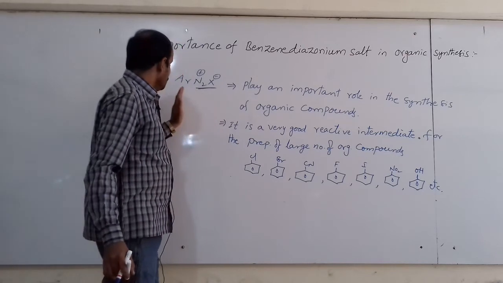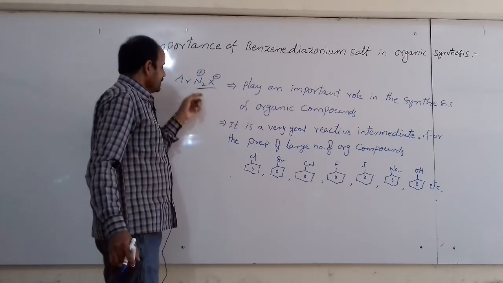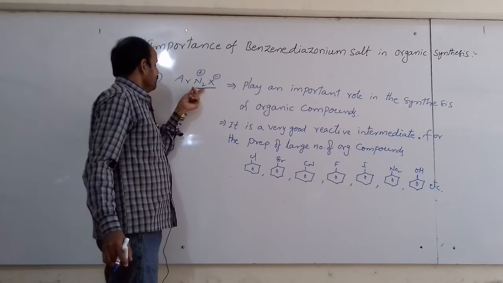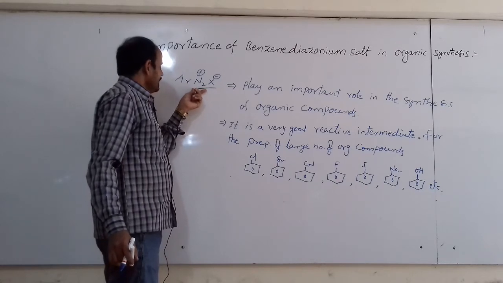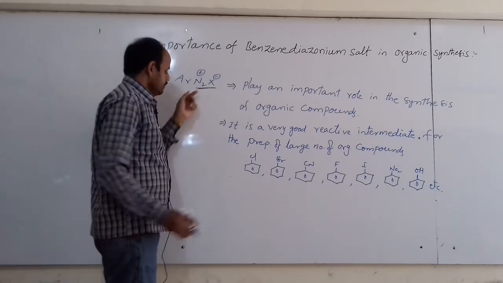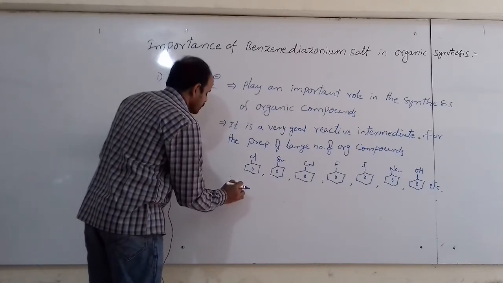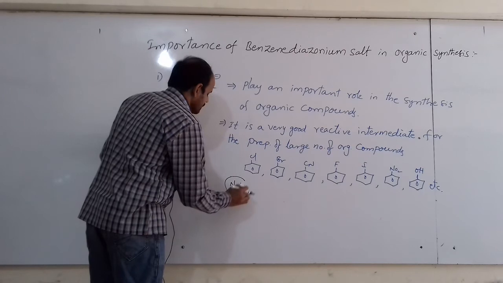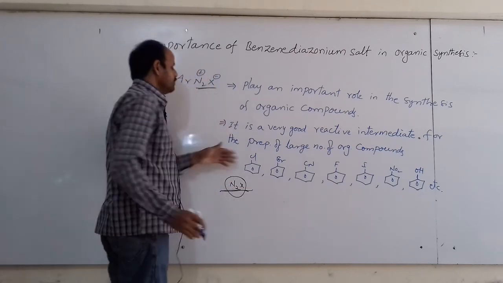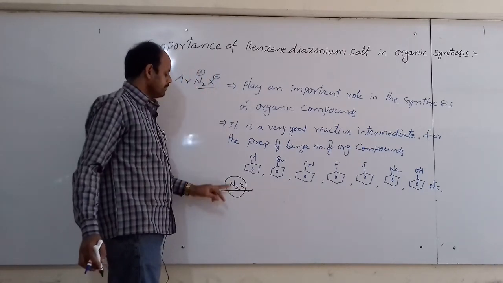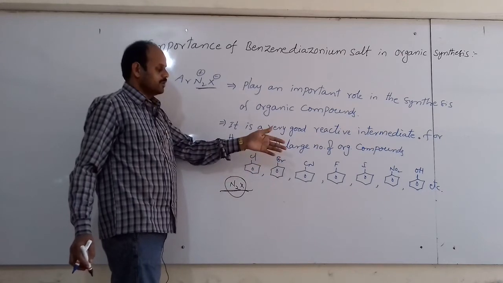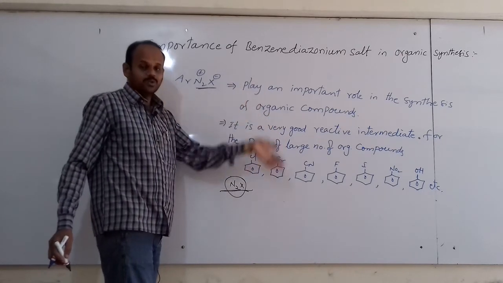Okay, so why is it very useful? Because in these benzene diazonium salts, a best leaving group is present, that is the N2 group. So it can be easily removed from this compound. Then it can be replaced by all these halides or cyano group or monovalent atoms or groups.